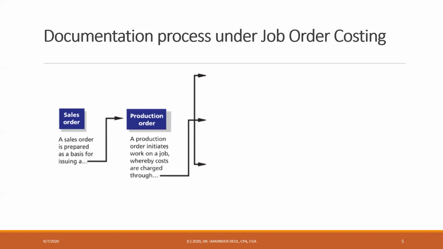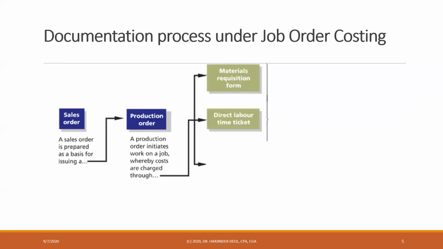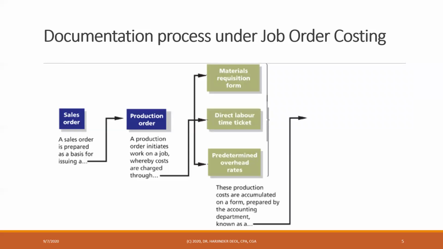Now, what the production order does is it starts work on a job whereby the costs are charged through, and we looked at the source documents in the earlier slide, a materials requisition form, a direct labor time ticket, and predetermined overhead costs. These costs are the production costs for direct materials, direct labor, and manufacturing overhead.